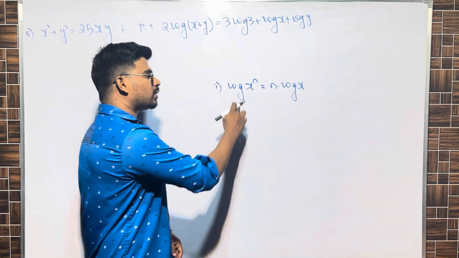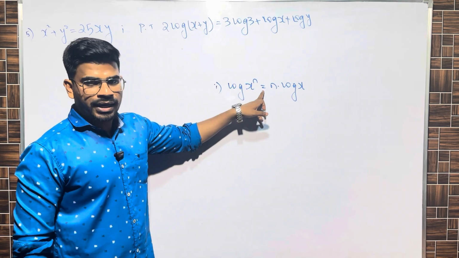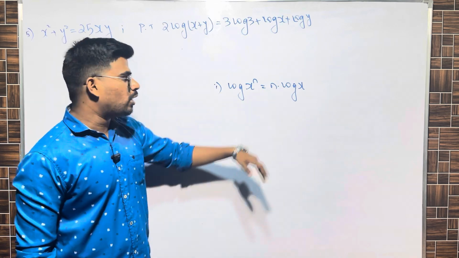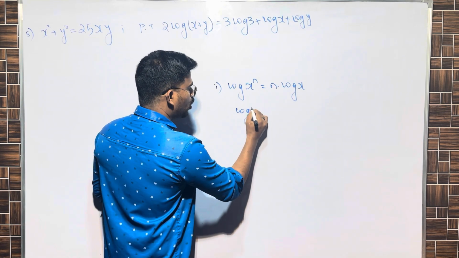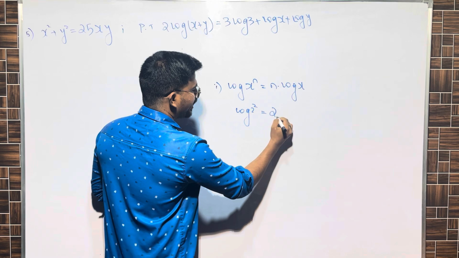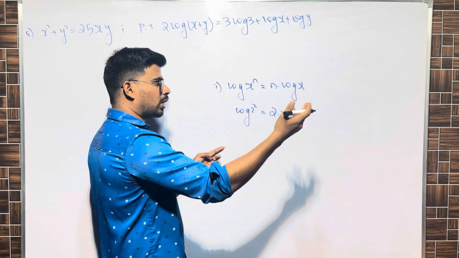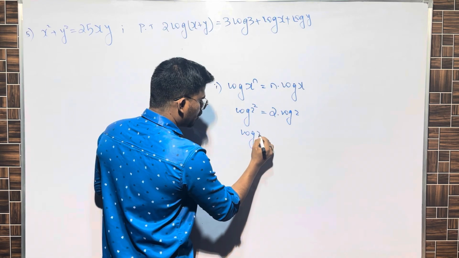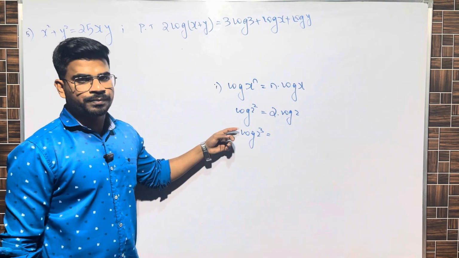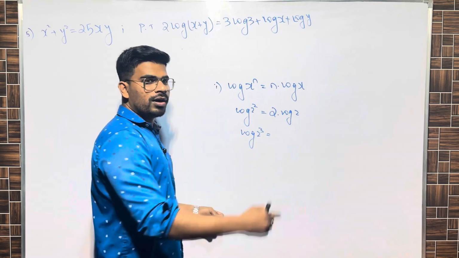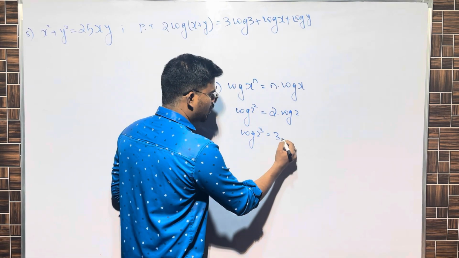You have to focus on the power. The power in the logarithm will come in front as n log x. For example, log 2 square can be written as 2 log 2. Log 2 cube, what will be the answer? Yes, 3 log 2.